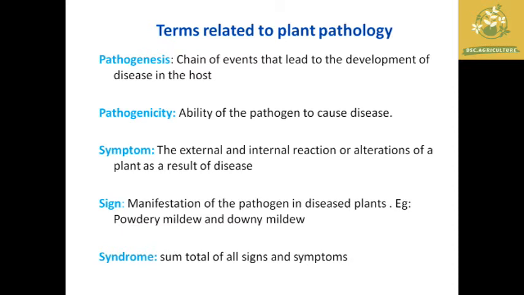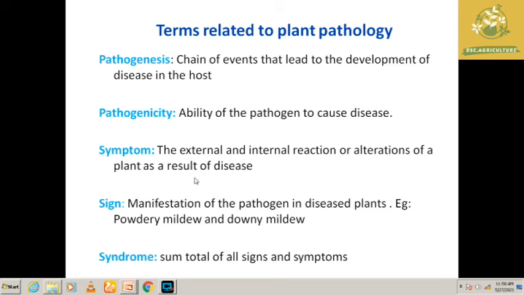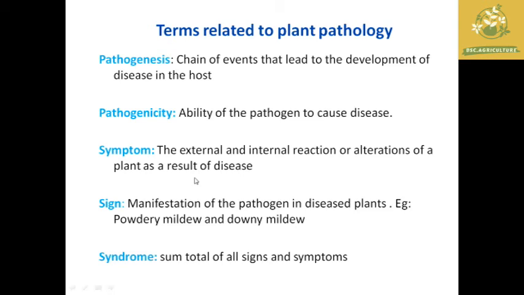These are the manifestation of the pathogen, so you can describe the disease with these signs. So sign is a word used to describe as well as identify the pathogen affecting the host plant. And syndrome is nothing but the addition of both sign and symptom of the particular pathogen in the host plant, which is known as syndrome.